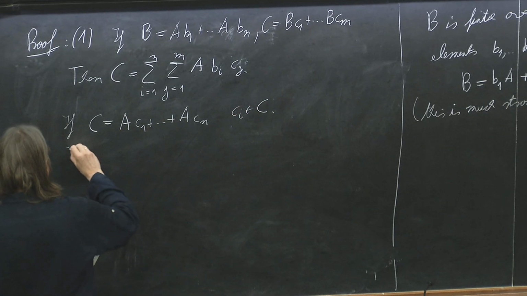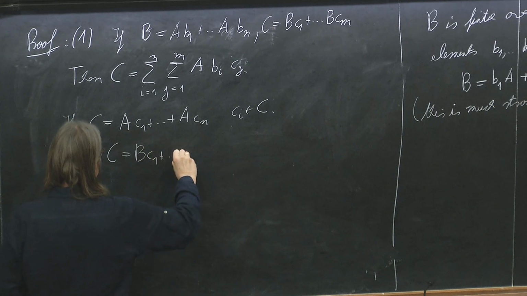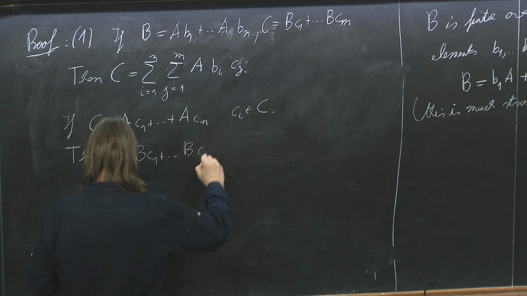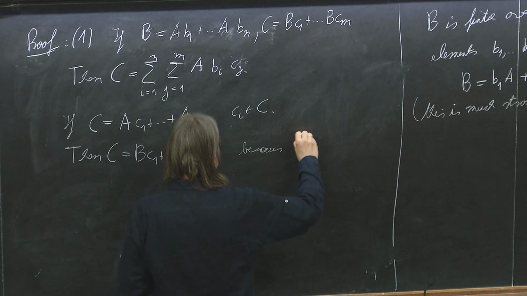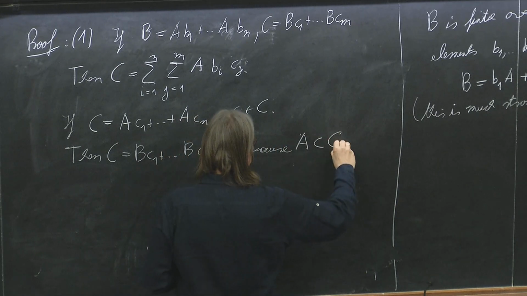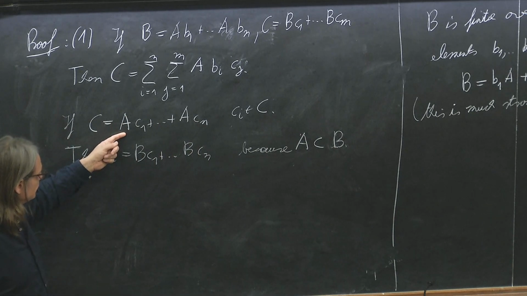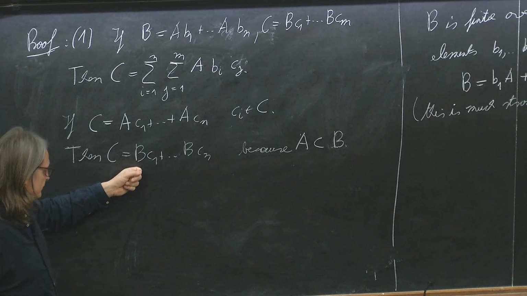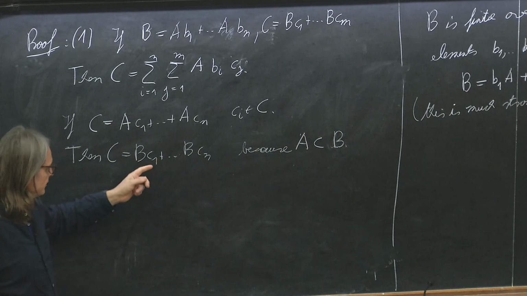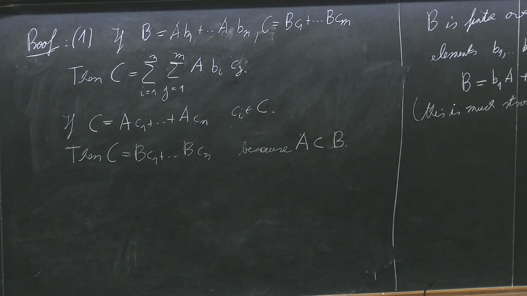Then obviously C is also equal to B c1 plus ..., because A is contained in B. If I take a linear combination here with coefficients in A, I can take the same linear combination here with coefficients in A, but as A is contained in B, it's also one with coefficients in B. So every element in C can be written this way.